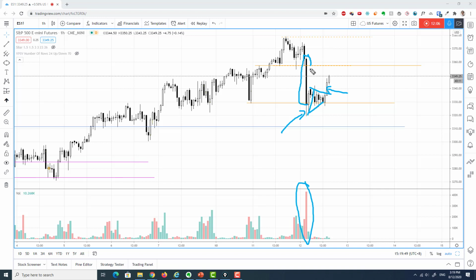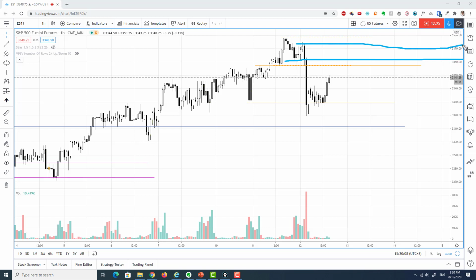The immediate resistance level that I'm watching is somewhere around 33.60, right at the origin of this sell-off bar here. So 33.60 is the immediate resistance level, followed by 33.70 and the swing high level.